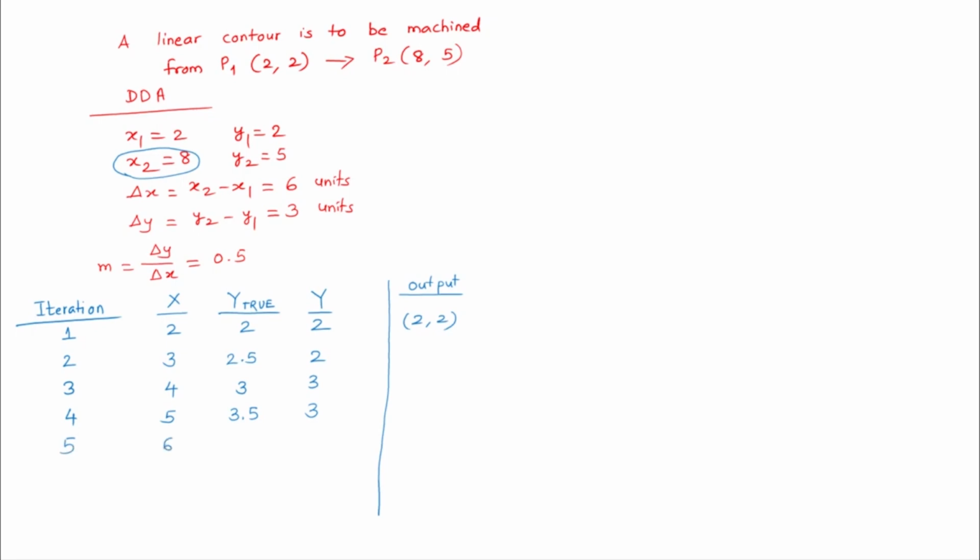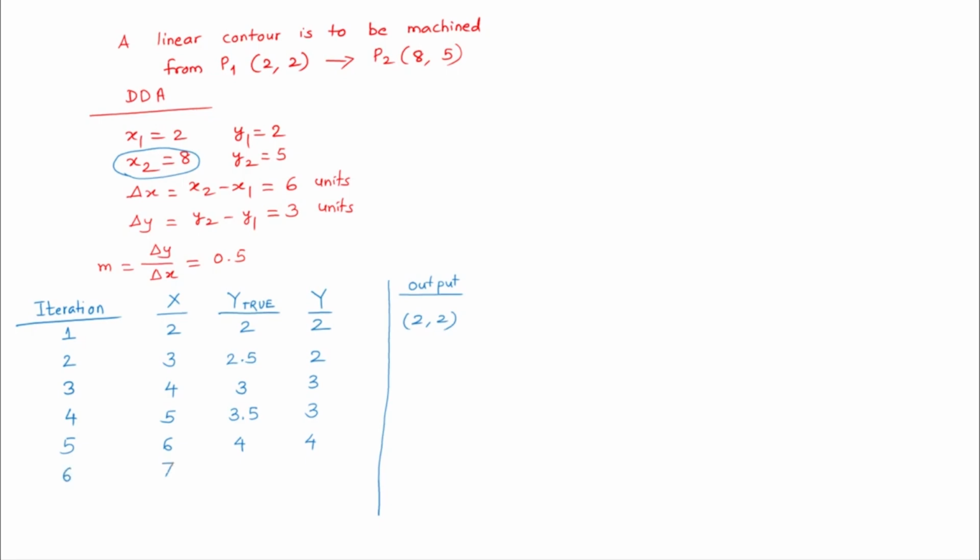Next iteration, X would be X plus 1, that is 6. Y true would be 4, and the Y is integer of 4, that is 4 itself. 6 is less than 8, we have to go for the next iteration.